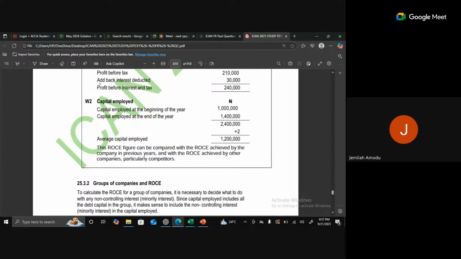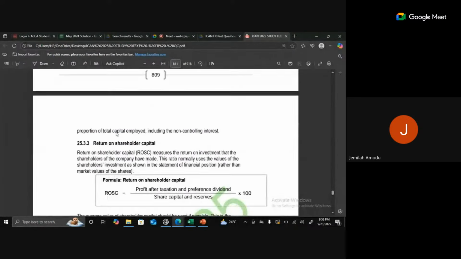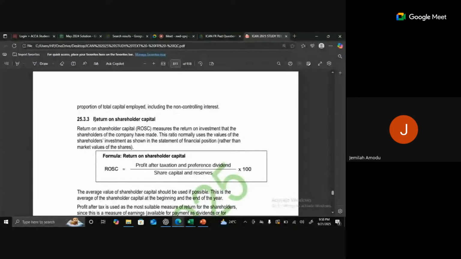That would give them insight on what they would likely gain. Then they would also check the return on shareholders' capital for a number of years to know what return the existing shareholders are currently making. Then from there they'll be able to make their decision. So just understand these things. As the scenario is coming, link it to it and calculate whatever you can and give them.